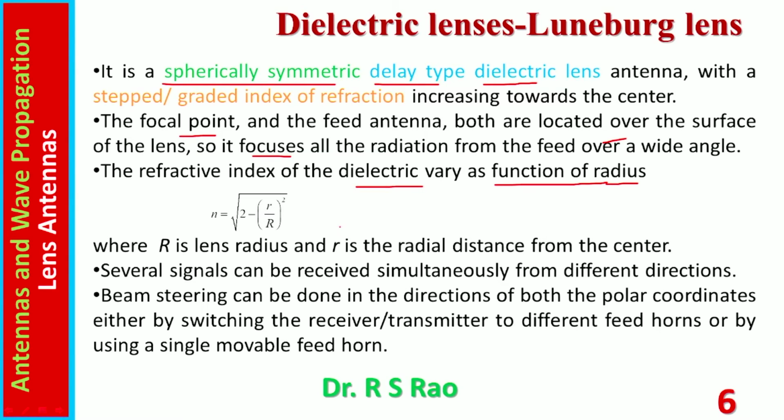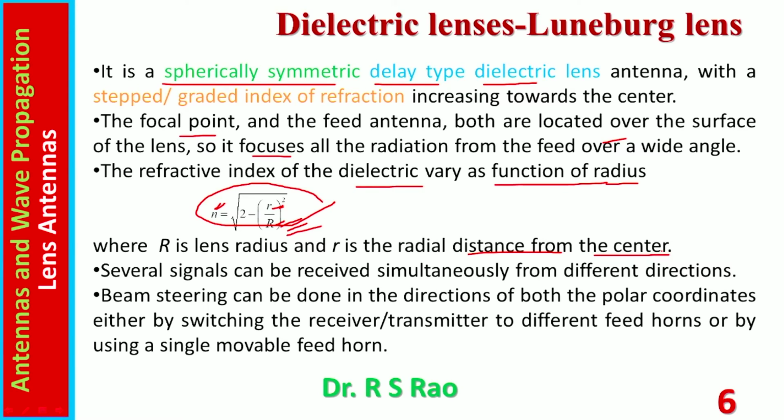This variation can be expressed in the form of an analytical relation: N is the square root of 2 minus (r by R) squared. N stands for index of refraction, R is the lens radius, and small r is the radial distance from the center.